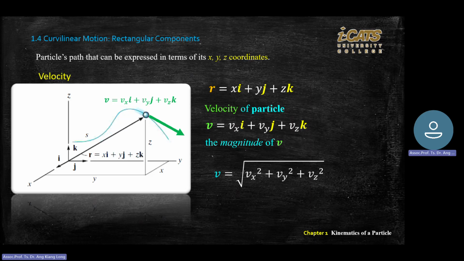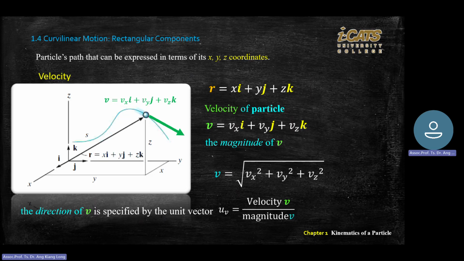So this one is your x component squared plus y component squared plus z component squared. And the direction, always take your vector divided by magnitude. This is a bit different from the rectilinear. Curvilinear, you always need to find magnitude and direction.